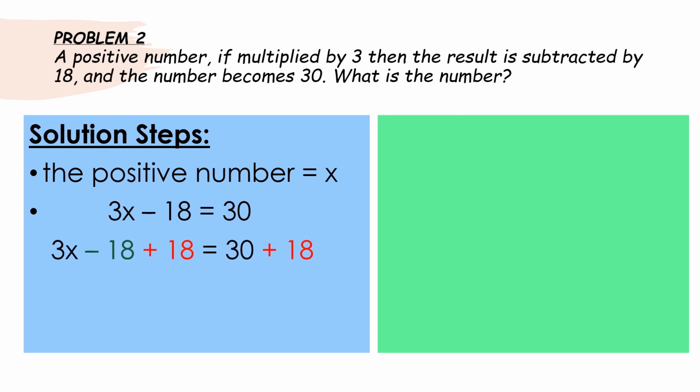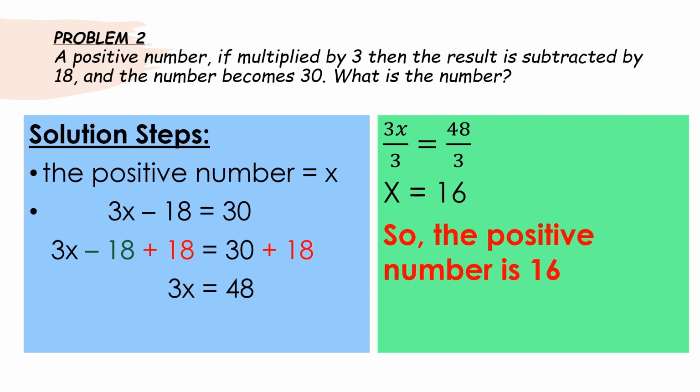Then we can make it simpler by canceling negative 18 with positive 18 on both sides. And here we have 3x equals 48 and x equals 16. So the positive number is 16.